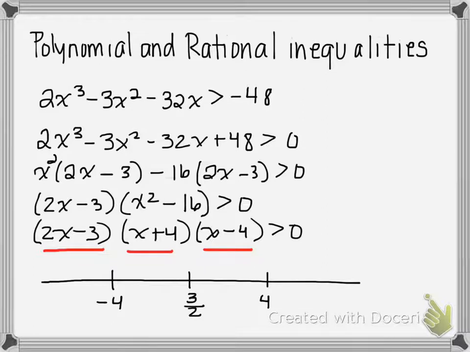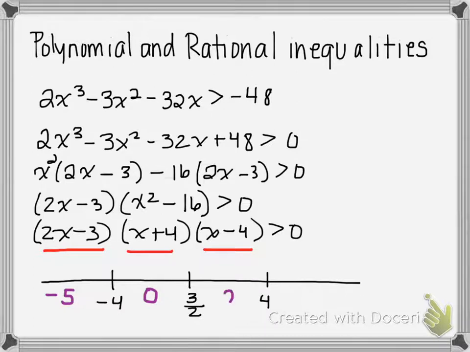And then the idea here is to look at a value in each of these regions. If I took a value in the region over to the left, what would be over there? Like a -5, right? And then in the next region, we could say a 0 would be a really convenient value to take.